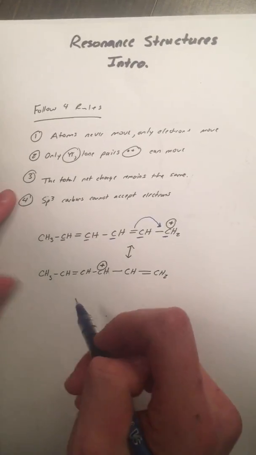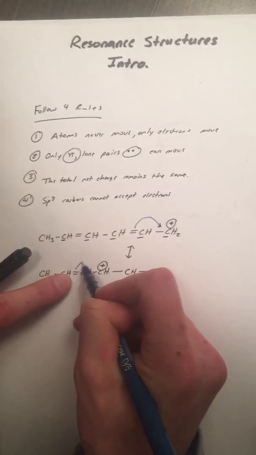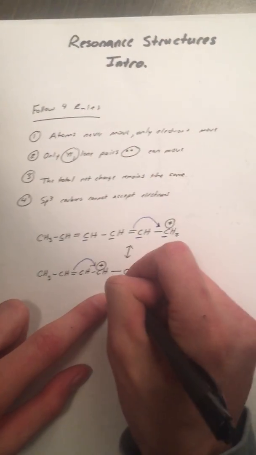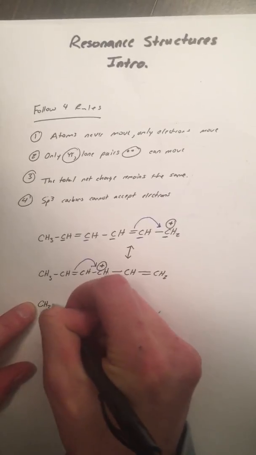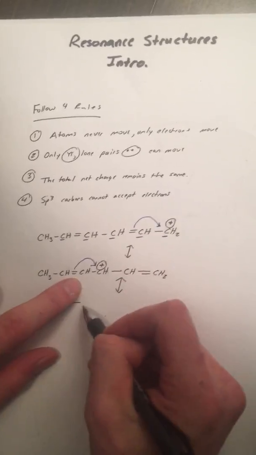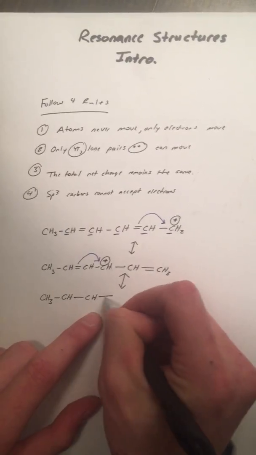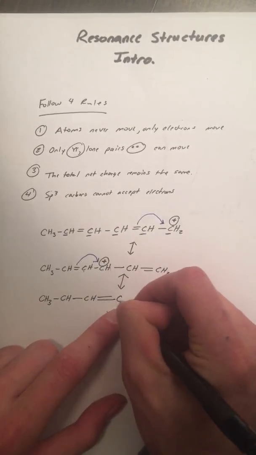The second thing that can happen is these pi electrons over here can move like that, and you get another resonance contributor. So now there's a single bond between carbon 2 and 3, and a double bond between carbons 3 and 4.